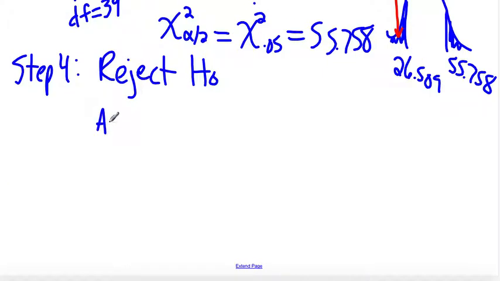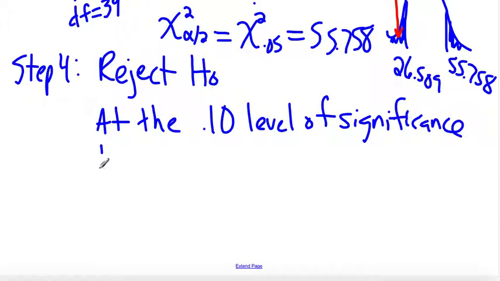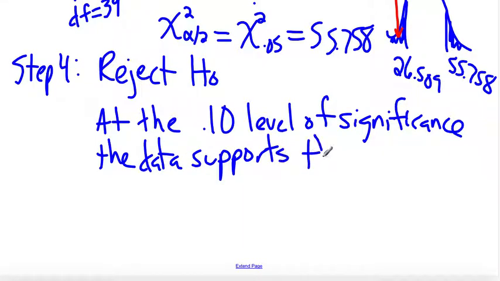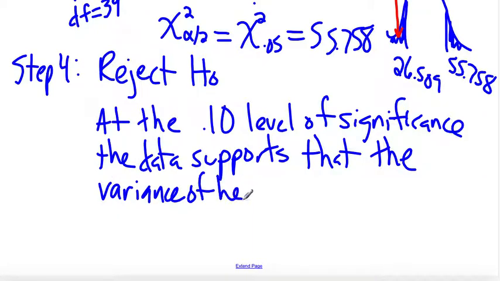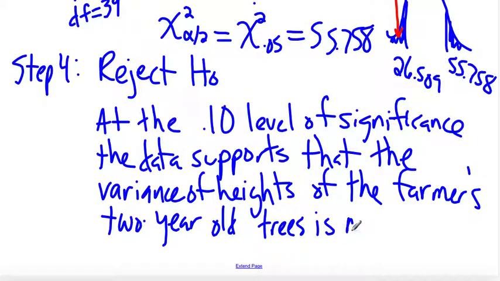So interpreting this, we're going to say at the 0.10 level of significance, the data supports that the variance of heights of the farmer's 2-year-old trees is not 16 feet.